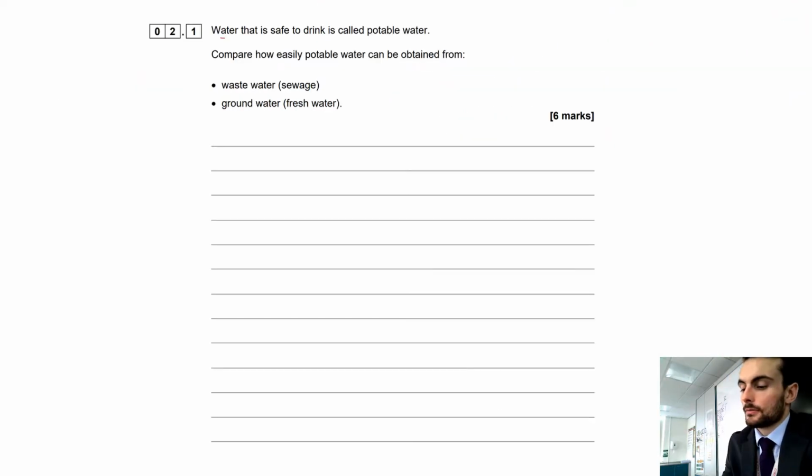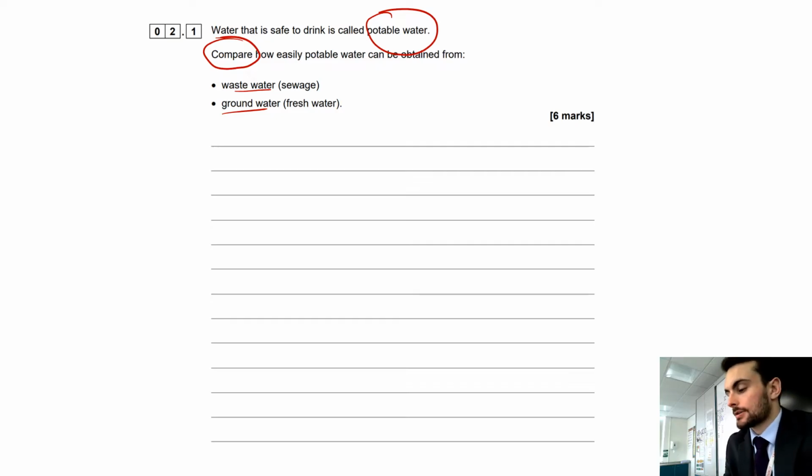Question 2. Water that is safe to drink is called potable water. Compare how easy potable water can be obtained from wastewater or groundwater. First word I spotted in that, very important, compare. Whenever you see compare questions, especially in science, we don't want a life story on it. We don't want a big long paragraph. The examiner is looking for you to make it as easy as possible for them to give you the marks.